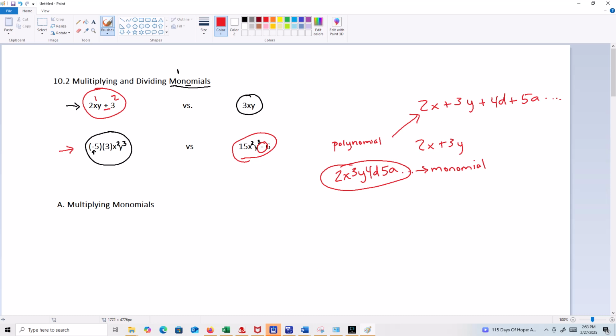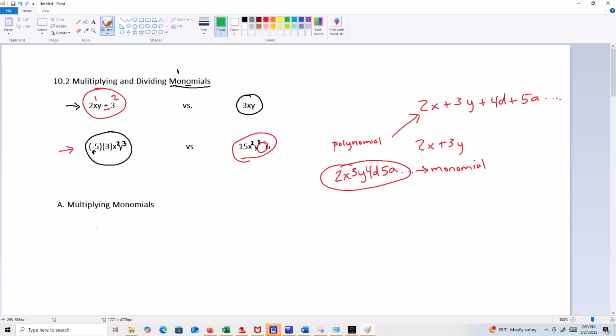So, multiplying monomials. Consider, let's go with green.